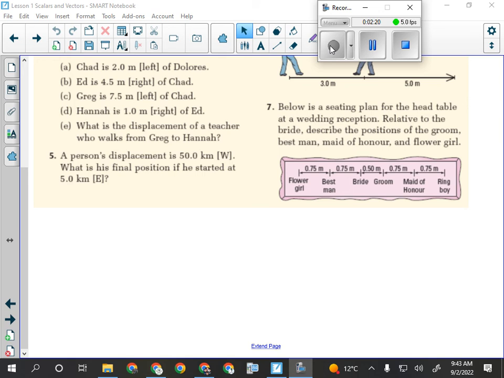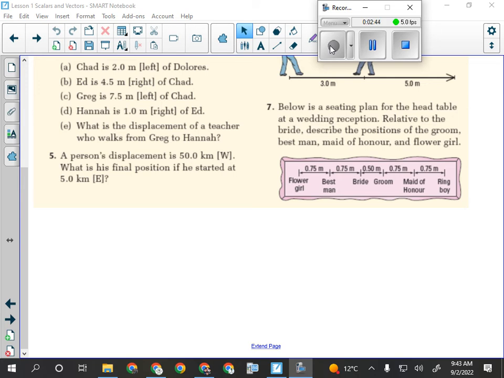All right, so first off, who is the reference point? Dolores is the reference point. I don't know where to put Chad unless I put Dolores somewhere. They don't tell me where Dolores is. I just have to stab a D on the page and go, all right, I'm going to measure everything from here. Does that make sense?